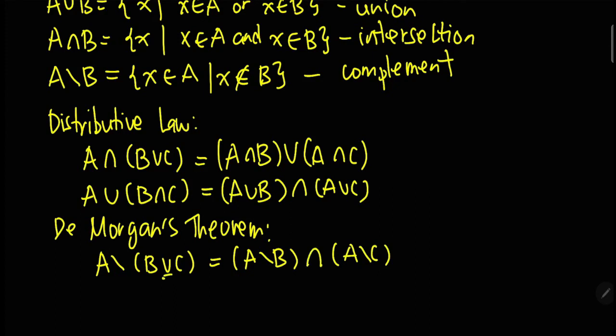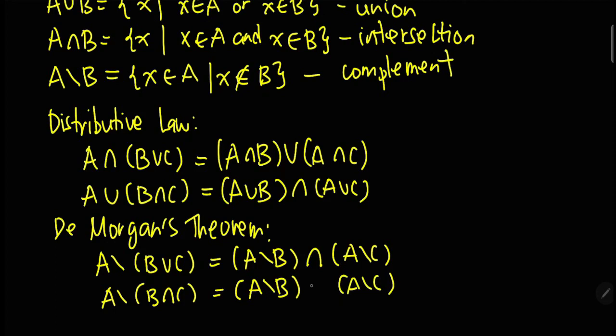So De Morgan's is negating the operation. The AND becomes OR, the OR becomes AND. Similarly, A except B intersection C is like distributing the sets A except B and A except C. And then instead of intersection, this time we're getting the union. Okay, so that concludes our discussion of elementary set operations.